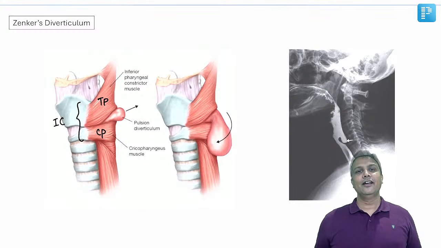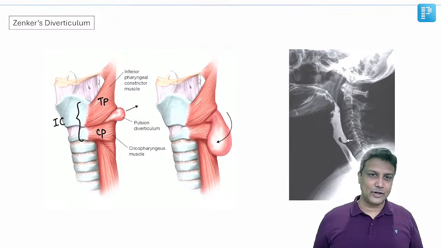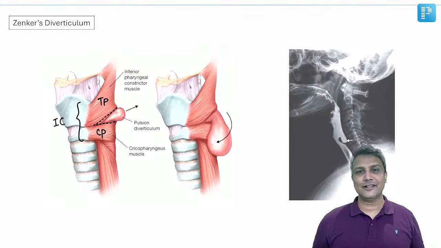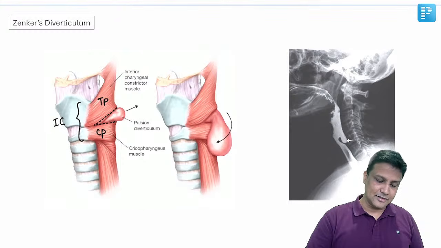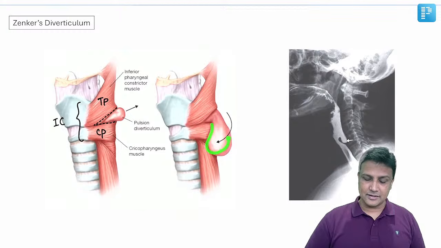I repeat again, the inferior constrictor is formed by 2 muscles: one is thyropharyngeus, another one is cricopharyngeus. Now between these 2 muscles, there will be a triangular area of weakness, and that weak area is referred to as Killian's dehiscence. And in elderly people, when they are coughing and so on, when force is applied on the wall of the pharynx there, a diverticulum will come out from here, and that diverticulum is referred to as Zenker's diverticulum.